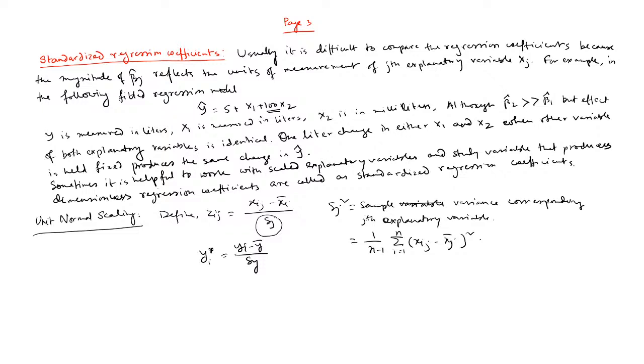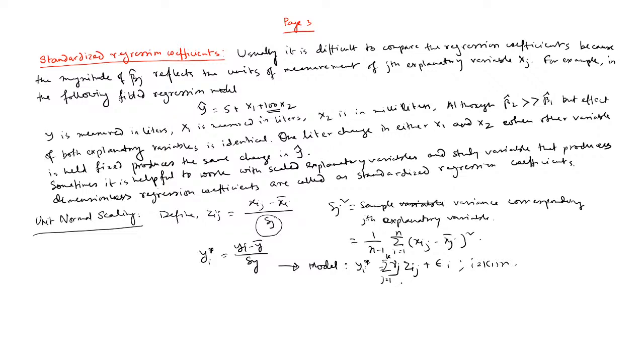So in that situation your model reduces to yi star equals the sum over j from 1 to k of gamma j zij plus epsilon i, for i from 1 to n, because we use n observations.